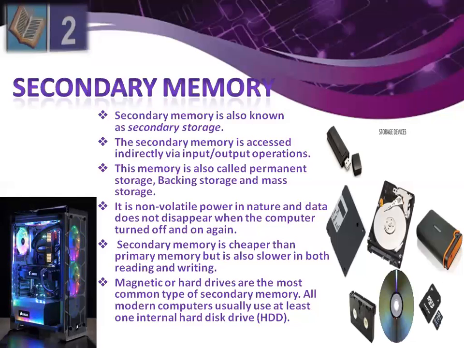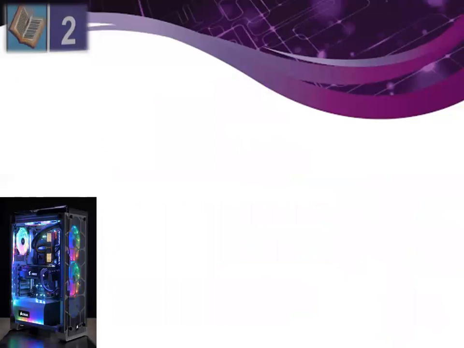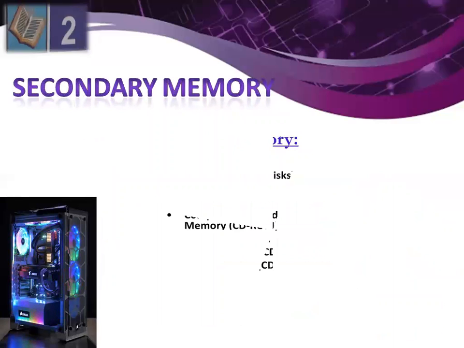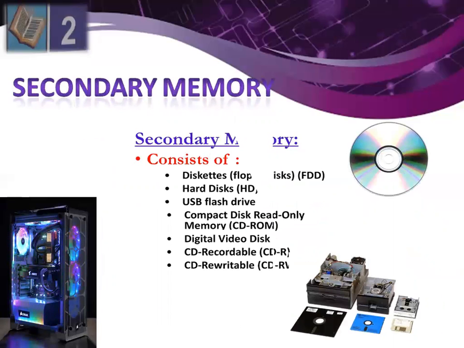So basically your secondary memory is also known as backing storage or mass storage. It stores a large amount of information permanently. When you turn off your computer, your data is saved automatically. It is non-volatile in nature. These are the characteristics and the types of secondary memory.